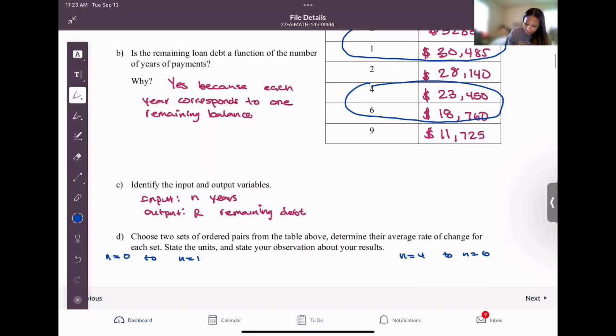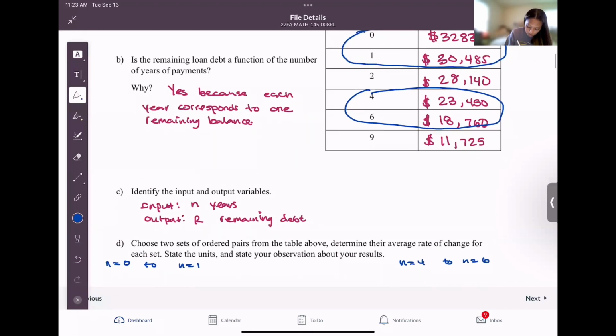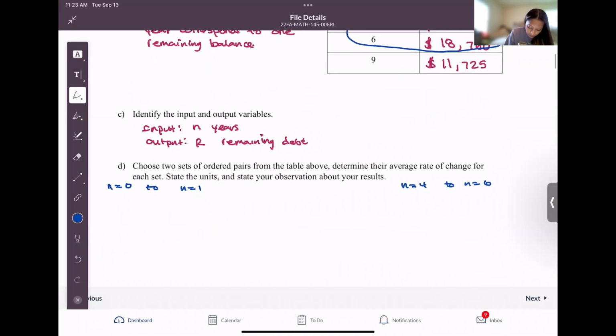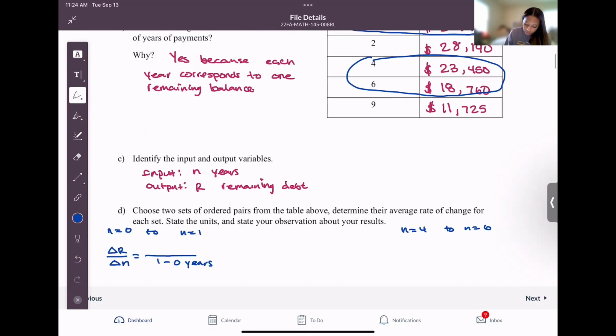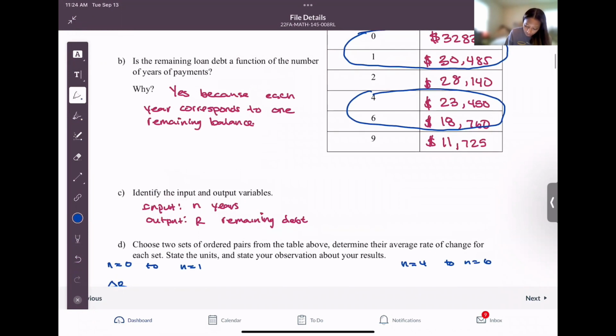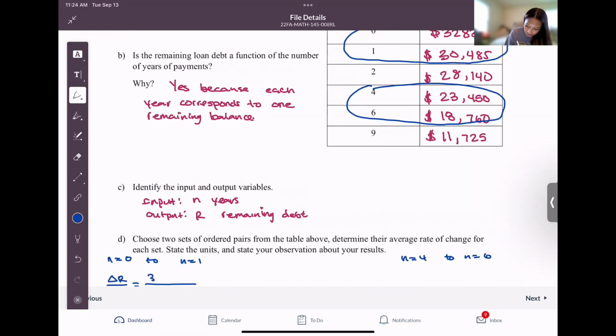Just gotta make sure I can see all my numbers. So for the first one, we're gonna have delta R, that's the remaining balance, over delta N, the number of years of payment. I know the years are going to be 1 minus 0 years. And I can't remember the numbers for the debt because I am forgetful. Okay, so it would be $30,485 minus $32,830.